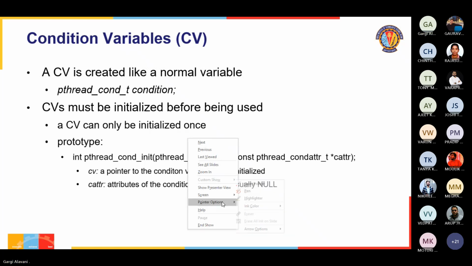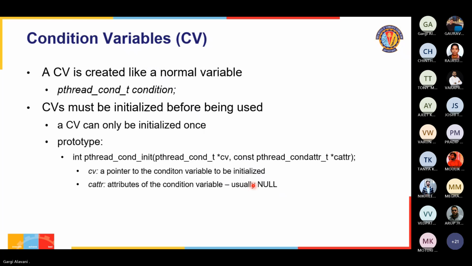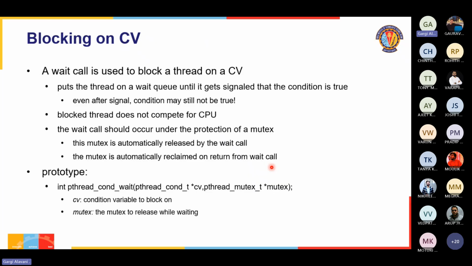In the initialization function, you have to provide a pointer to the condition variable to be initialized and the attributes, which can usually be null, but if there are any specific attributes you want to provide, you can provide them.